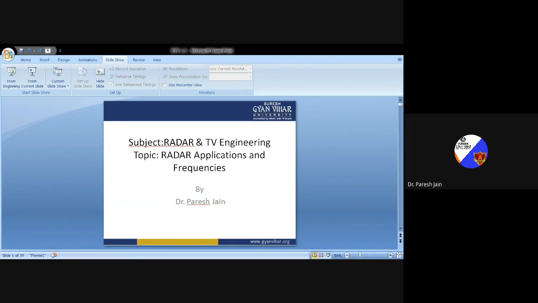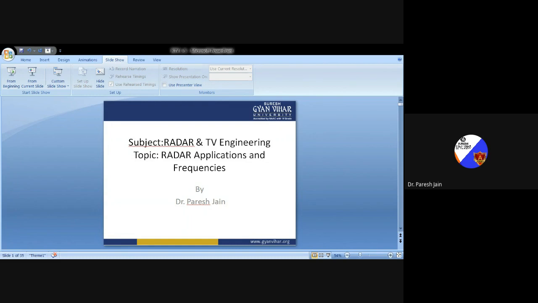After watching this video, students will be able to understand the basic frequencies, the different bands of frequencies, and the different applications of radar, where it is applicable and where we cannot use radars and use sonars instead. Students will understand the concept of frequencies and applications in terms of frequency spectrums as well as their corresponding applications.